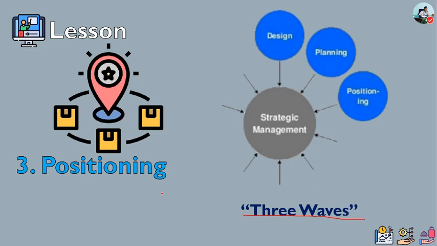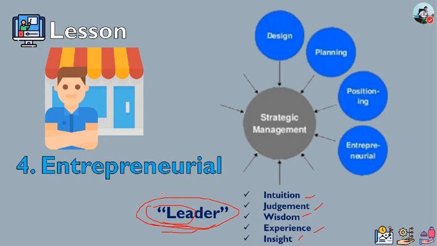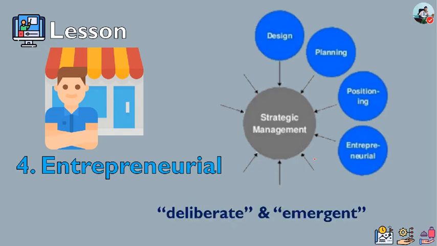And then the fourth one is the entrepreneurial, the fourth school of thoughts, that the decision making lies on the leaders. The leaders must have intuition, judgment, wisdom, experience, and insights in order to apply the design or the other schools of thoughts. And then the last one is the cognitive.